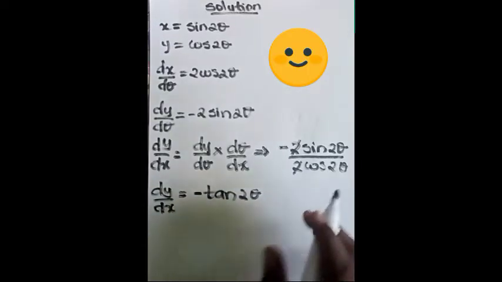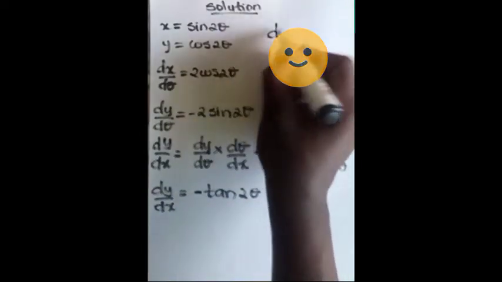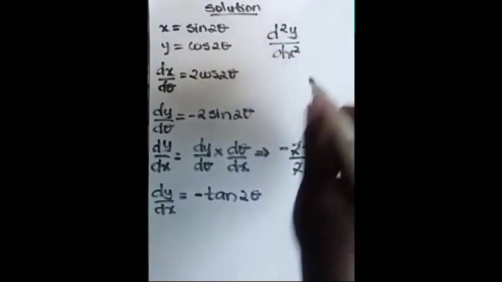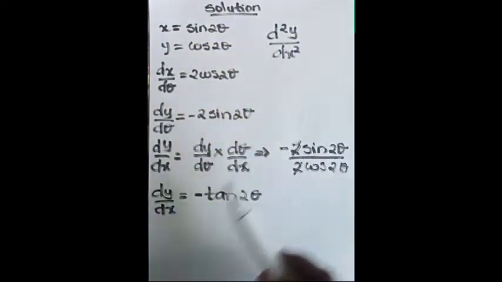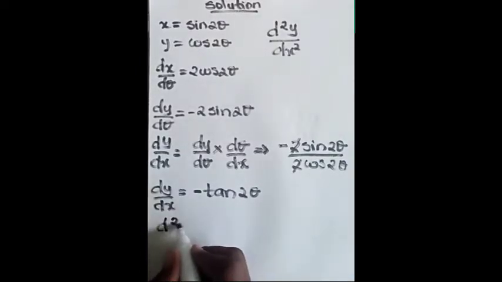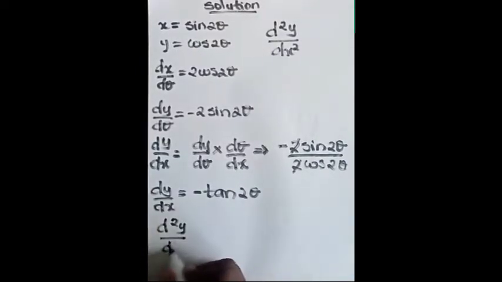But don't forget, the question says to find d²y/dx². The question is telling us to find the second derivative, but here we have just the first derivative. So to find the second derivative, d²y/dx² is going to be what?